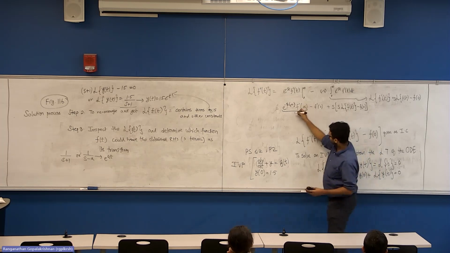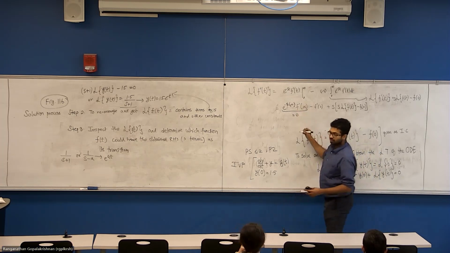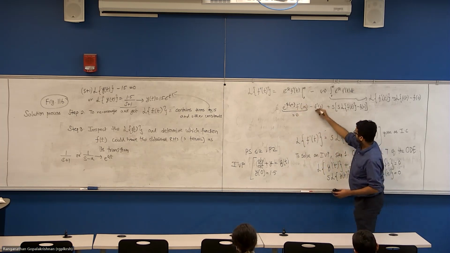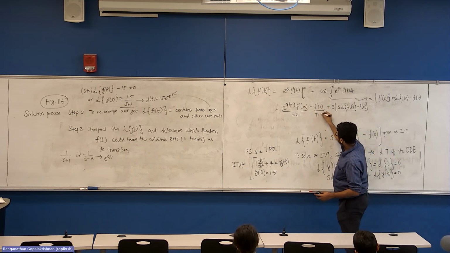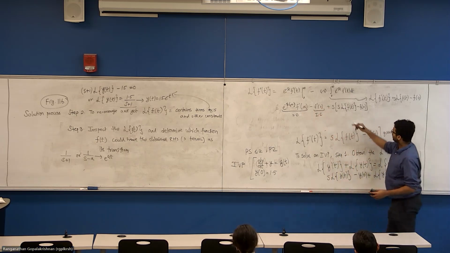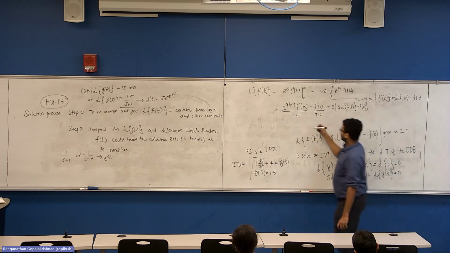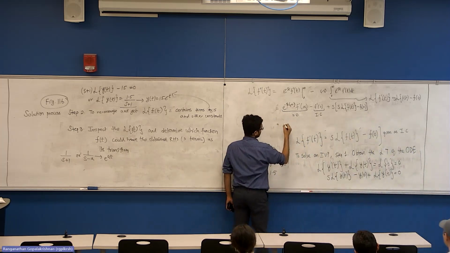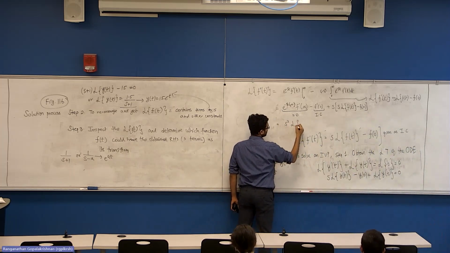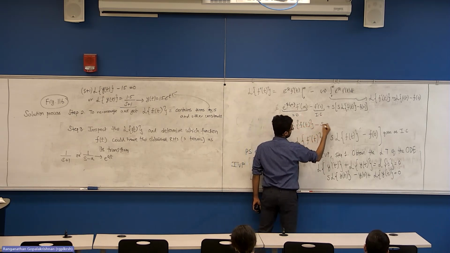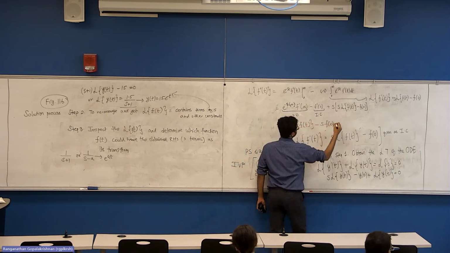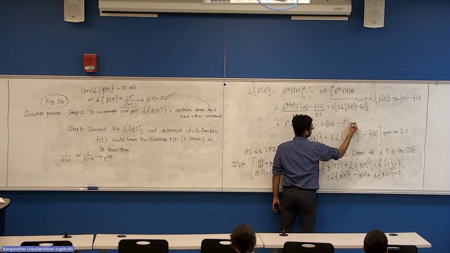With that assumption, we are setting it to 0. And this is f dash of 0 provided as part of the initial conditions. And this you have here. So we are going to write, this is s squared times Laplace transform of f of t minus s times f of 0 minus f dash of 0.